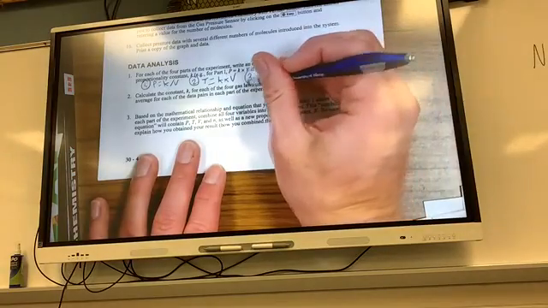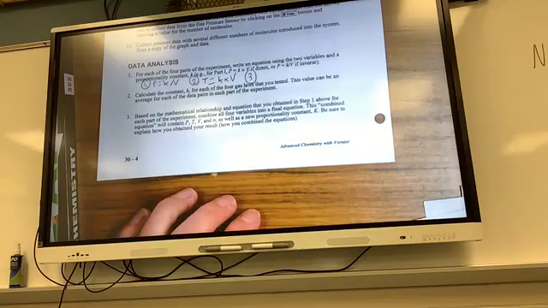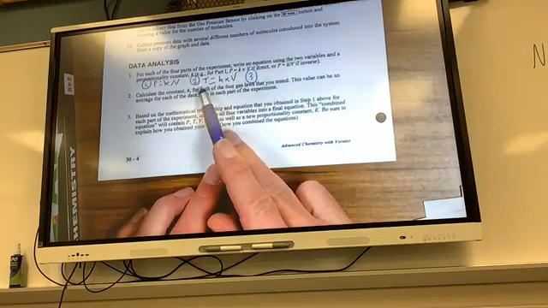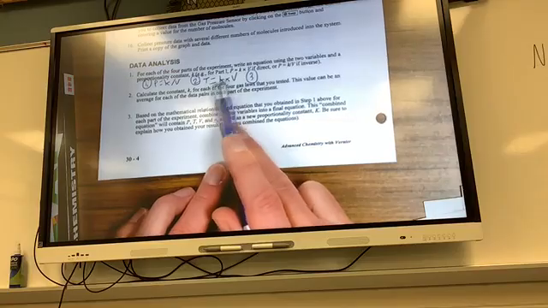So do 3 and 4 very quickly. Which one was 3? Pressure and temperature were in part 2, but we have temperature and volume for part 2.